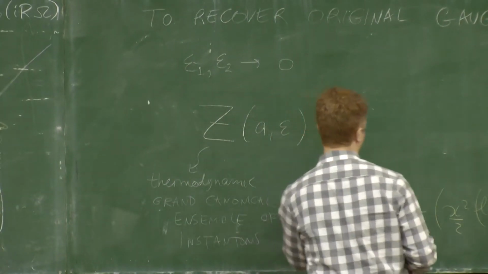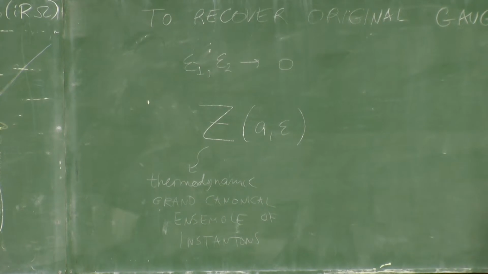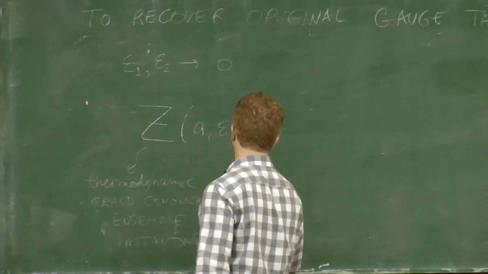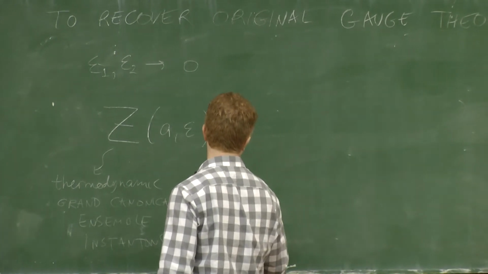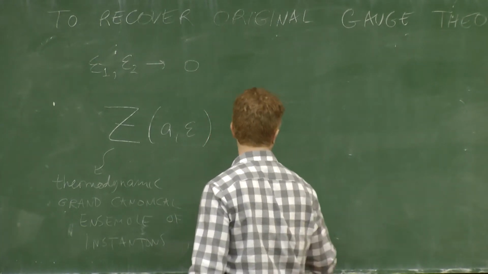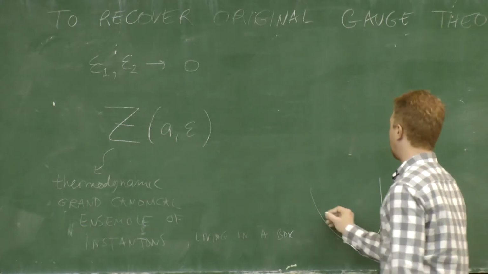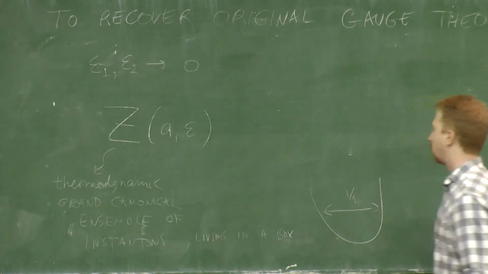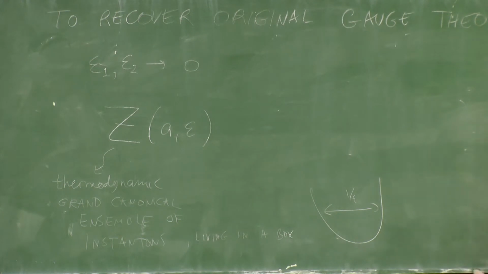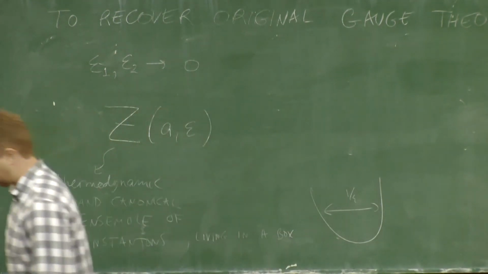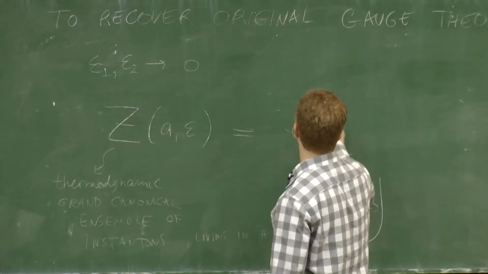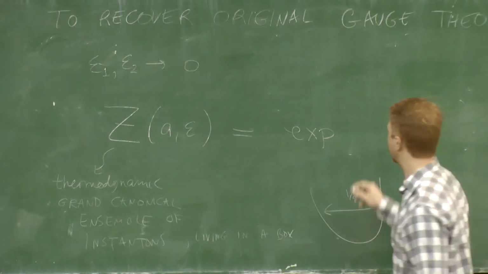And as we discussed, effectively the instantons live in a box of finite size, 1 over epsilon. Now, you would expect the partition function to behave in the extensive fashion, so it should go like the volume.